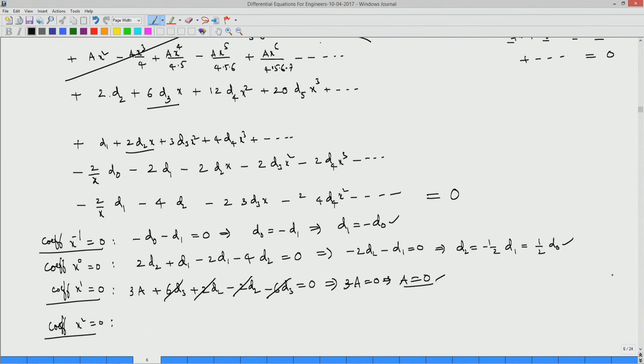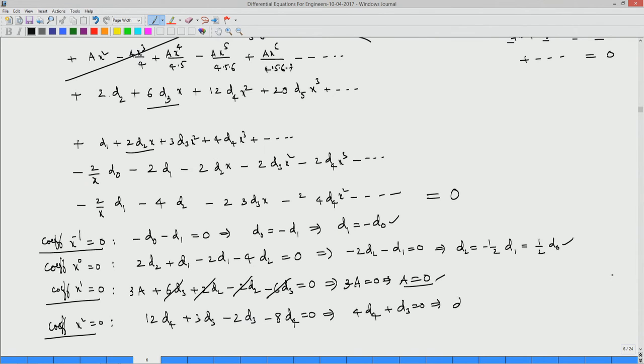So, I have to take the coefficient of x square. Coefficient of x square is 12d4 and then plus 3d3 minus 2d3 from here, and here minus 8d4 equal to 0. So, that will give me 12 minus 8, 4d4 plus d3 equal to 0.